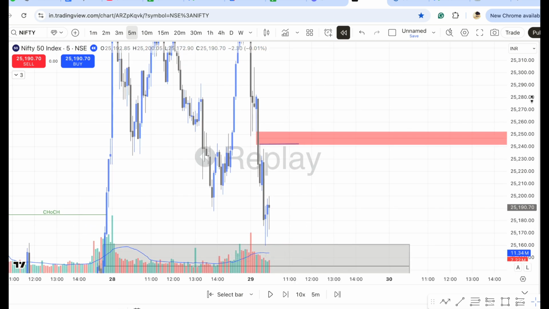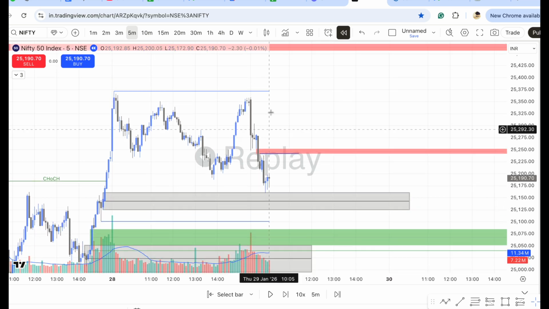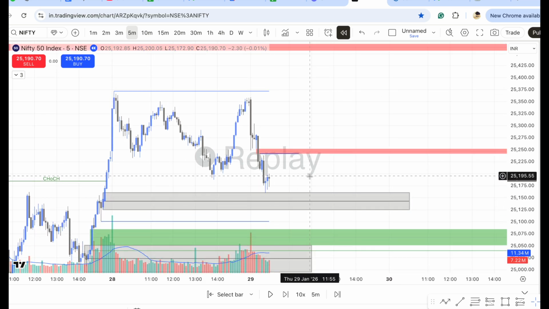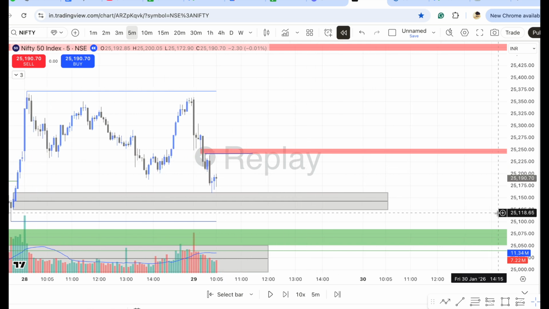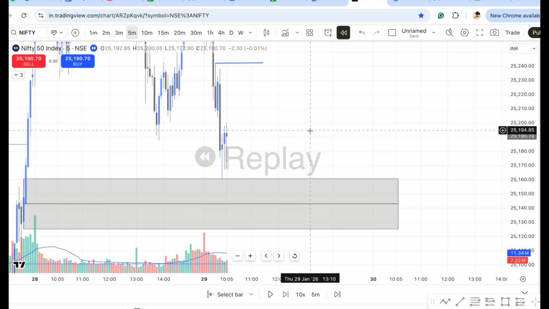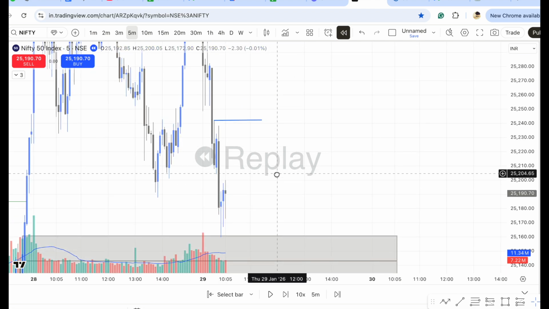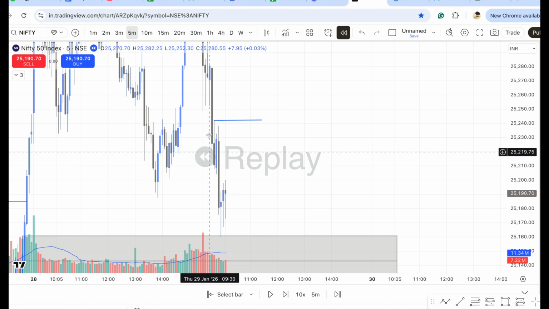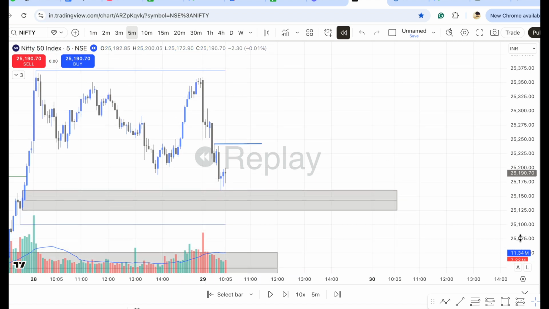We can anyway enter a call option here, but to be on the safe side, it is always better to wait for confirmations. What I mean by confirmations is, first of all, once we get a tap inside this particular demand, we need closures above the last swing point. So what was the structure here?